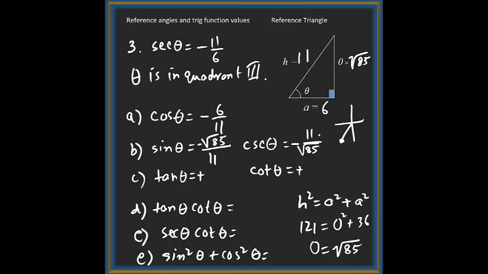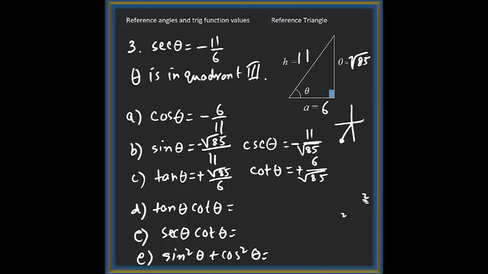Now tangent is O over A, which is square root of 85 over 6, and cotangent will be the other way, 6 over square root of 85. Now you know tangent and cotangent are reciprocal, so the product must be 1, but you can plug in your answers and simplify, you will see that it is 1.